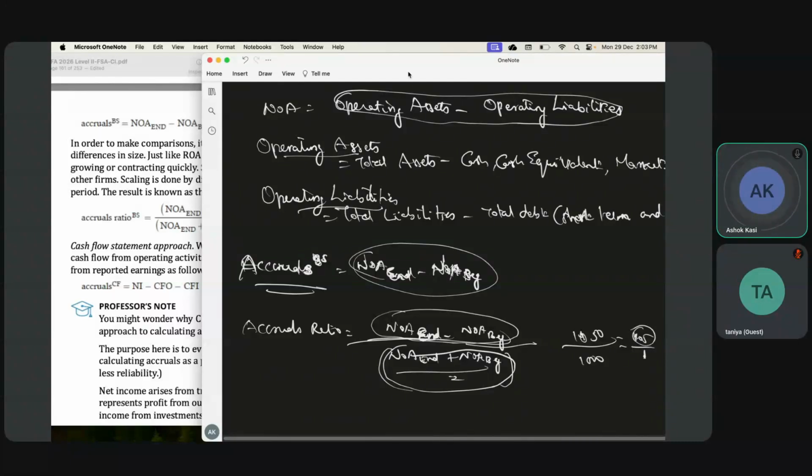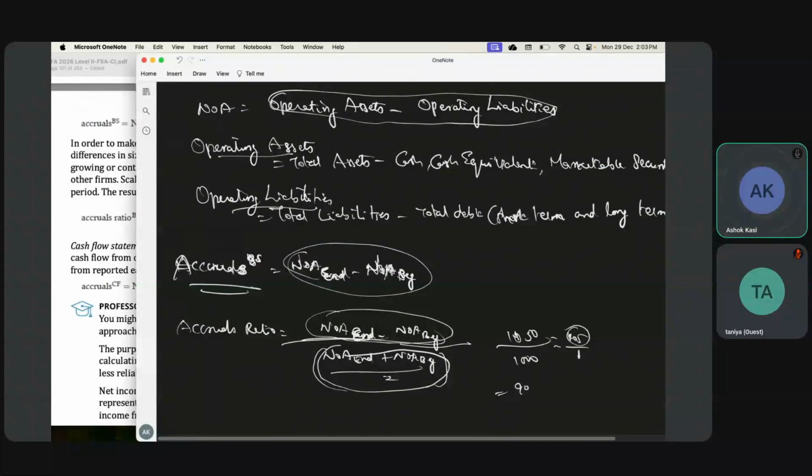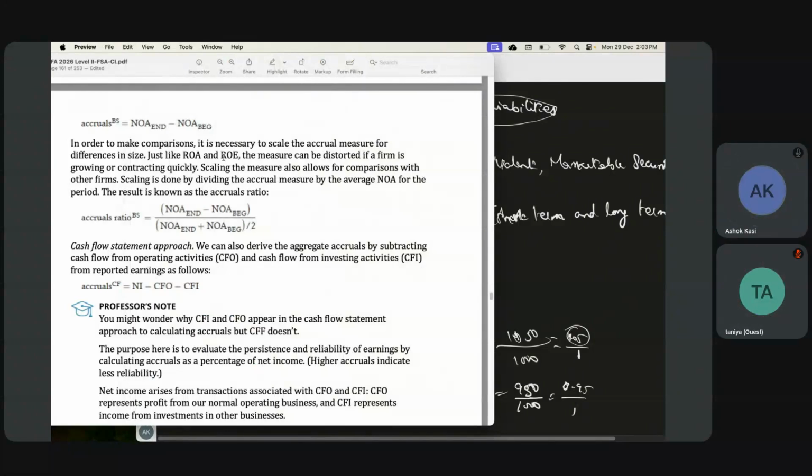If this would have been something like 950 by 1000, that means 0.95, so the accruals are decreasing. This is the accrual ratio.